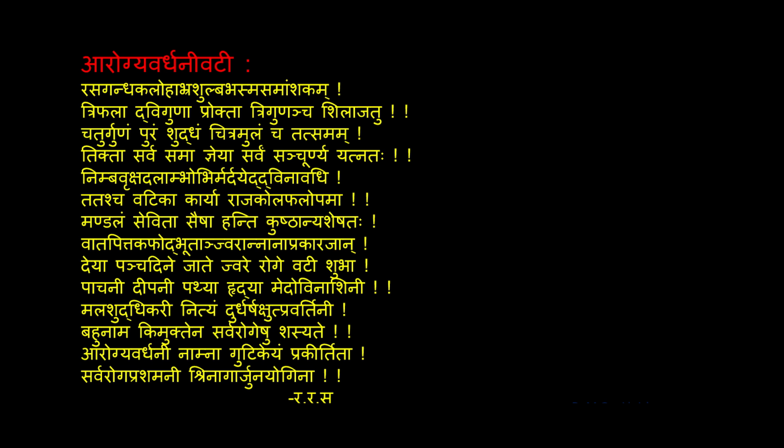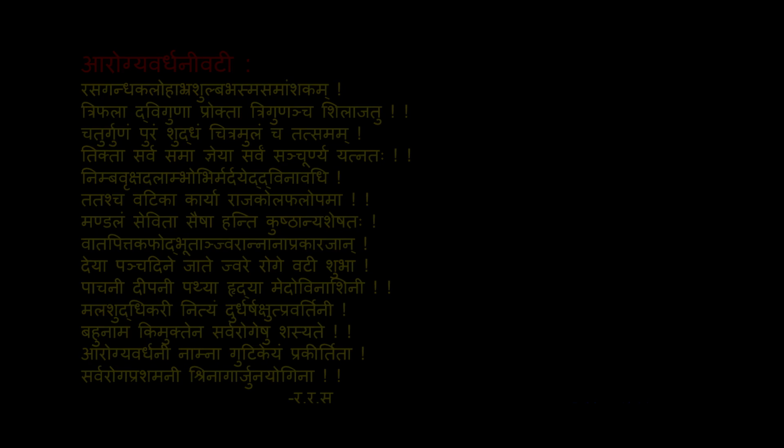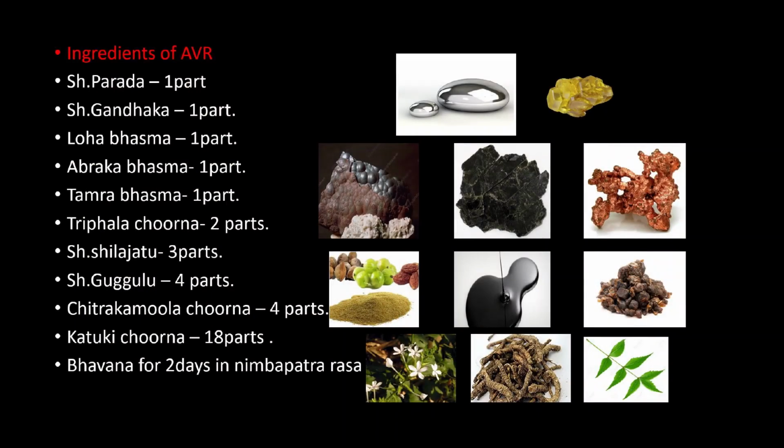And as we discussed this morning, we have talked about the combination of the drugs. In Arogyavardhini, this reference of Rasaratna Samuchchaya has indicated Shuddha Parada 1 part, Shuddha Gandhaka 1 part, Loha Bhasma 1 part, Abraka Bhasma 1 part, Tamra Bhasma 1 part, Trifala Churna 2 parts, Shuddha Shilajatu 3 parts, Shuddha Guggulu 4 parts, Chitraka Moola Churna 4 parts and Katuki Churna 18 parts.